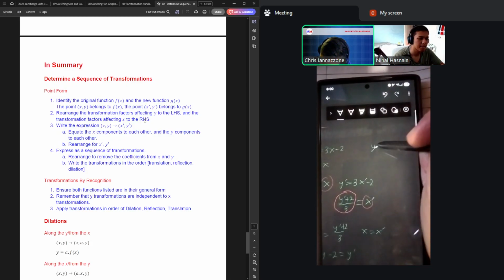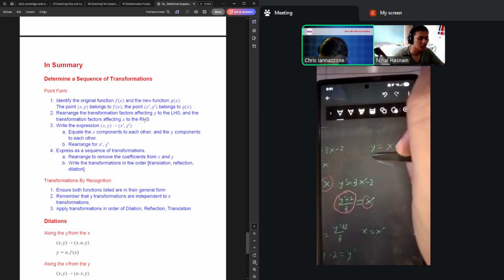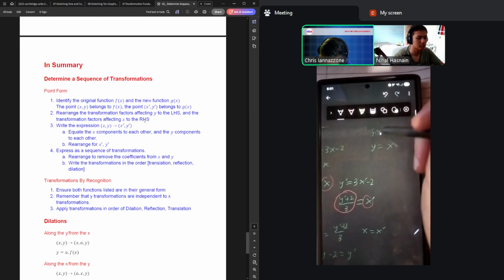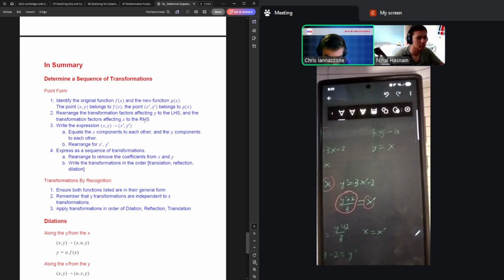So when you're applying transformations, you are now using the shortcuts of things. So let's say I'm applying a translation down first, right? The basic form of a translate downwards is f of x minus a, whatever the translate down is.